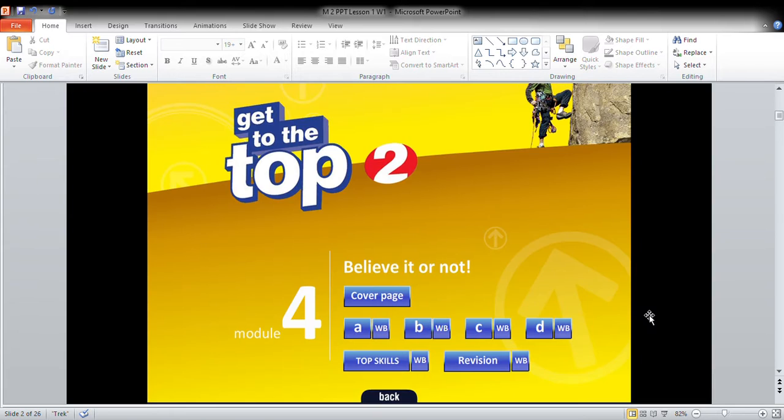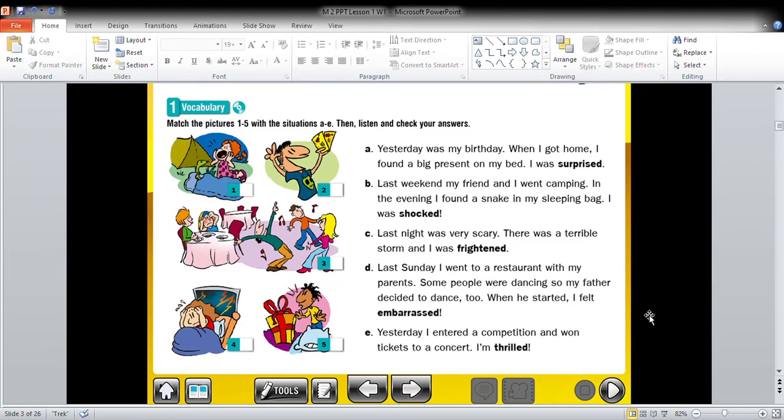Okay, so look at this slide, Module 4. In this picture, we have pictures 1 to 5, and we have also situations from letter A to letter E, and we have the vocabulary here.